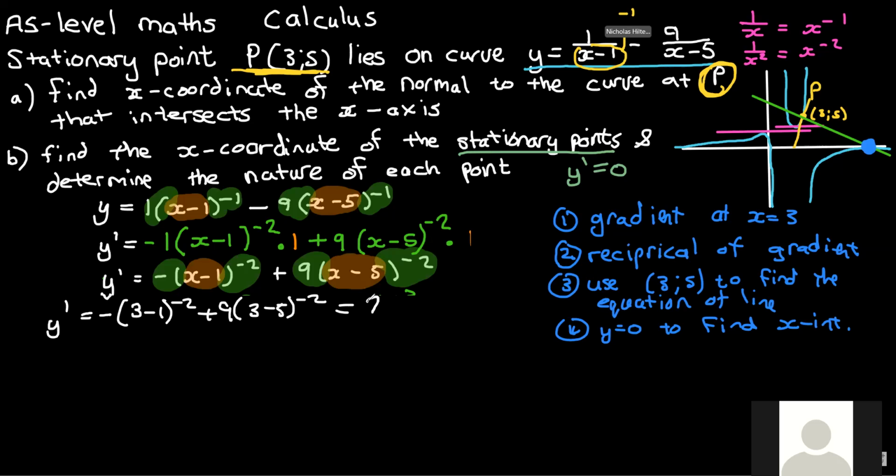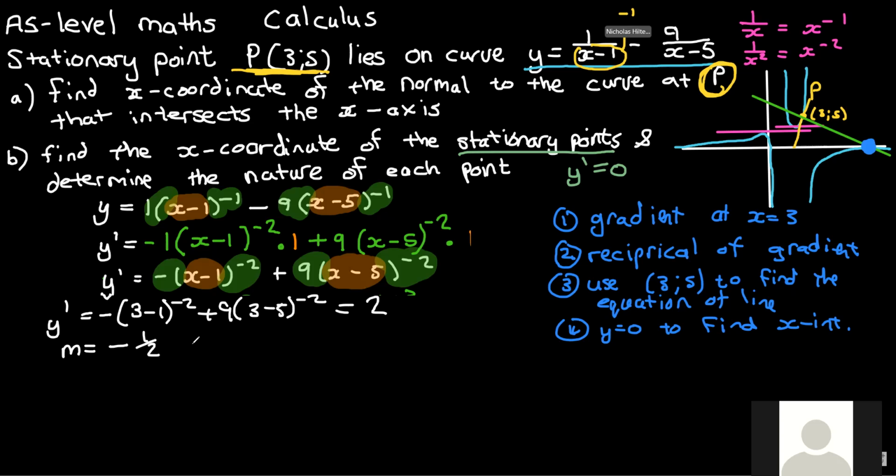Okay, so we get 2, which means the reciprocal of that gradient, so part 2 of my question says, therefore the gradient of the line must be, sorry, negative a half, because we want the reciprocal gradient. We're not getting the tangent, we're getting the normal to that curve. So this green line has a gradient of negative a half.